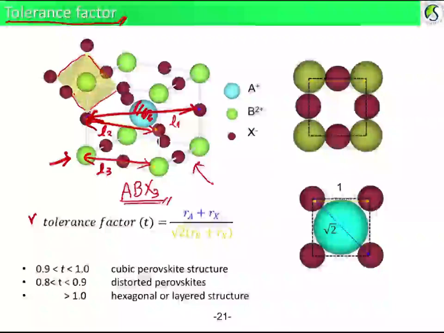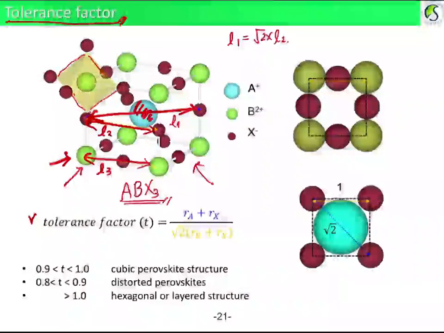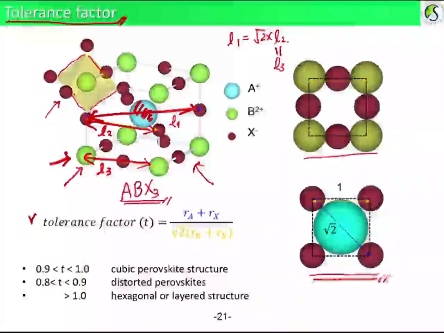If we assume that this unit cell is a cube, first L1 should be root 2 times L2, and this L2 should be the same as L3, right? And although we draw the crystal structure by using a ball and stick model here, in fact, in a real crystal, each ion should contact the other ion, as you see in this figure.